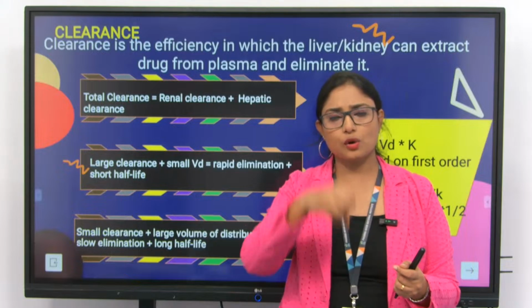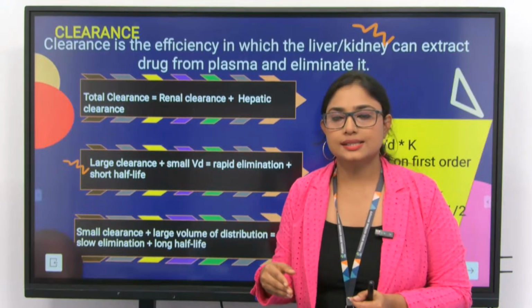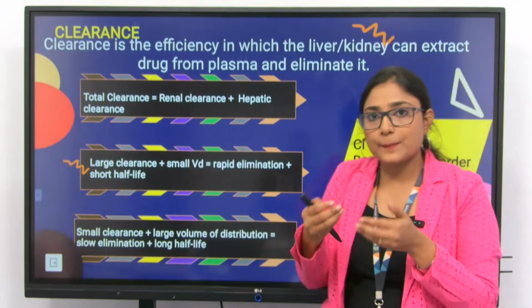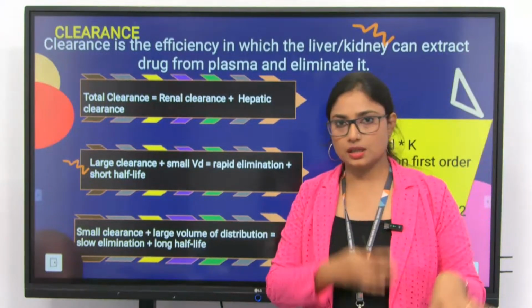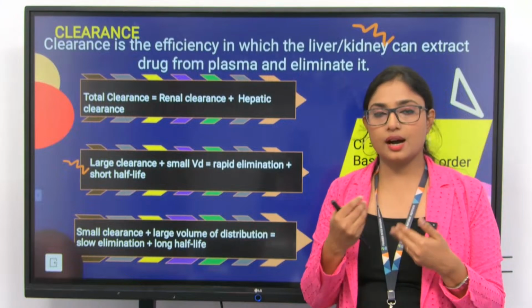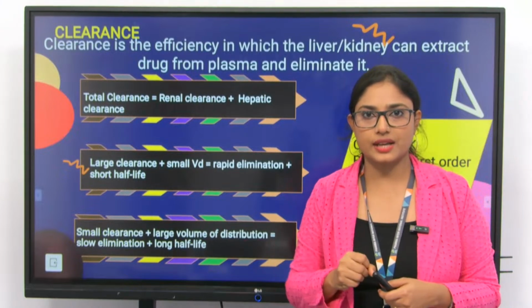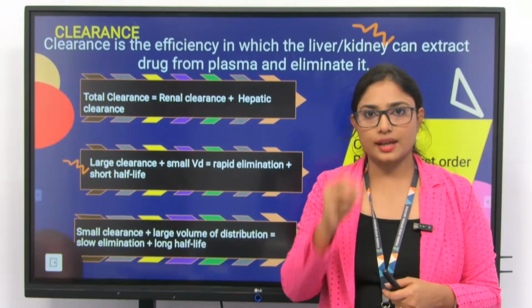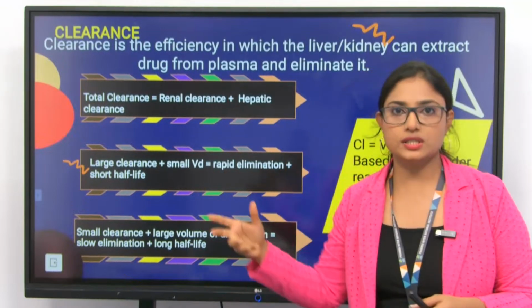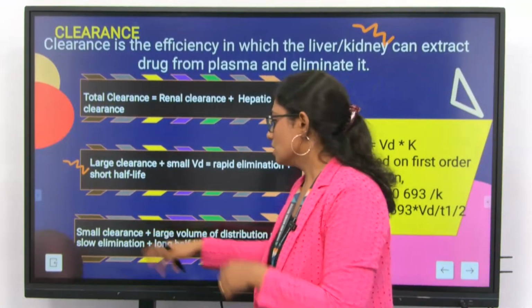That means only a small amount of drug is reaching the site of action, isn't it? Small will be the volume of distribution and rapid will be the elimination, because a large volume is getting cleared off. And what about the half-life? It is a very short half-life. That means it takes only a very short time to go from the initial concentration to half of its initial concentration.